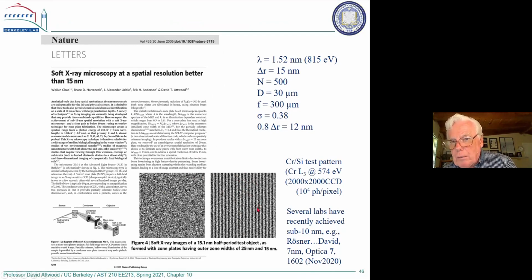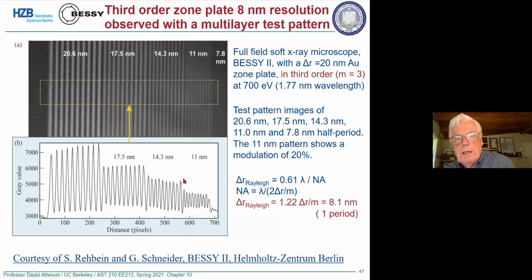And I'll show you in a moment, though, how you actually get a little bit better than what I was telling you about in resolution. So this was a nice publication for his PhD thesis. And this is work from BESSY in Berlin, which now has one of the best microscopes in the world. They and ALBA in Spain, but the team in BESSY is really the world's best.